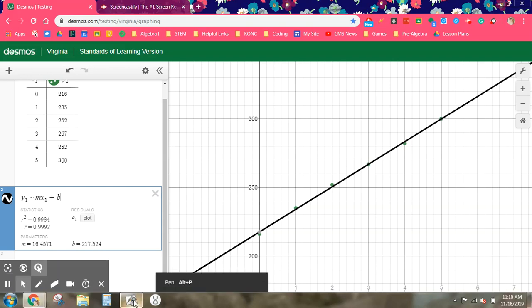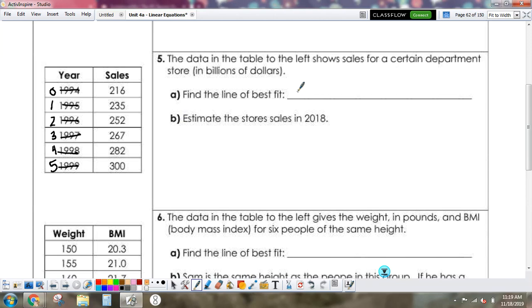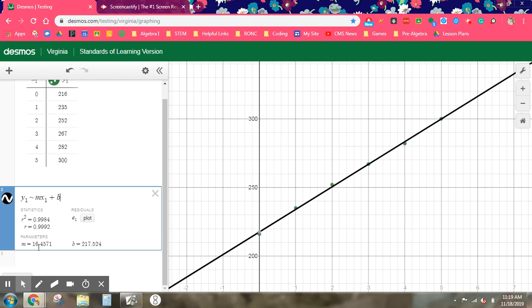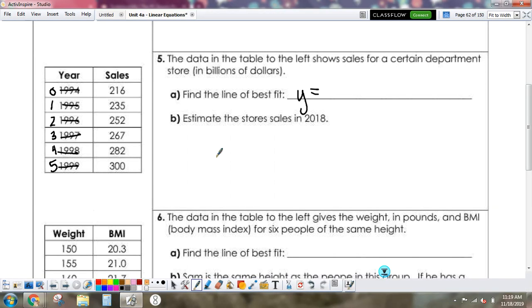So on my paper, I'm going to write in y equals, my slope was 16.46 rounded to two decimal places. My y-intercept is 217.52, rounded. So y equals 16.46x plus 217.52.